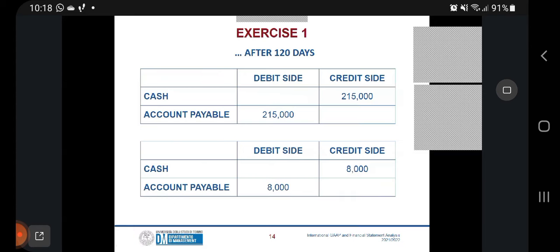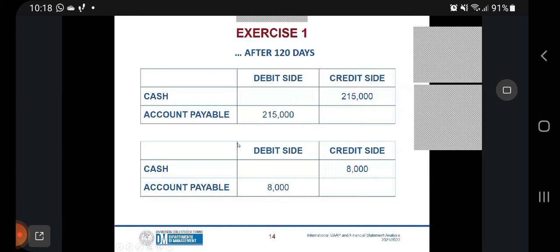Very easy. After 120 days, the company pays the amount of 215 for the purchase of the new plant. So 215, the outflow of cash, is recognized on the credit side, and there is the reduction of the account payable for the same amount.